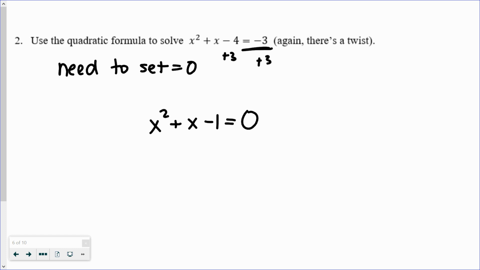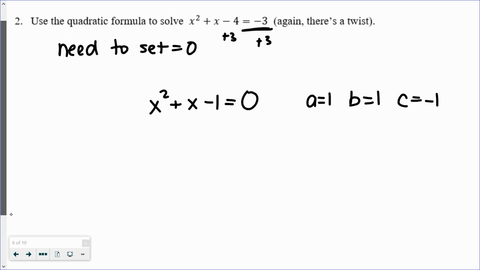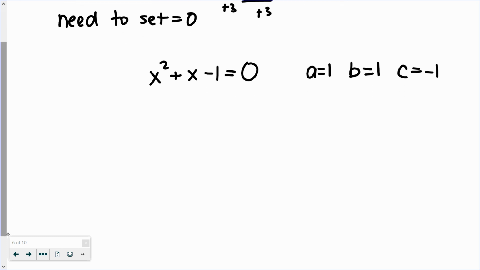So now we can start to look at our values for a, b, and c. a is the value in front of x squared, so a is equal to 1. b is also equal to 1. And c is equal to negative 1. That's pretty easy, but missing a negative symbol can have a real big impact. So into the quadratic formula, again, x equals negative b plus or minus the square root of b squared minus 4ac divided by 2a.